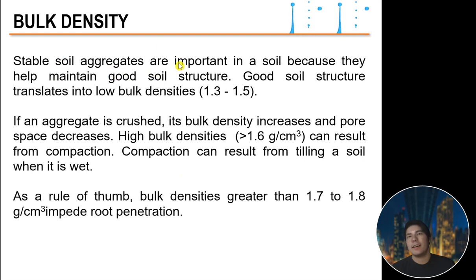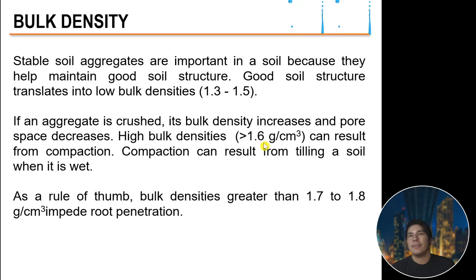So stable soil aggregates are important in the soil because they help maintain good soil structure. Good soil structure translates into low bulk density. As much as possible, yun yung gusto natin, no? Kung irrigation yung pagbabasihan, ha? So 1.3 to 1.5. If an aggregate is crushed, its bulk density increases and the pore space decreases.